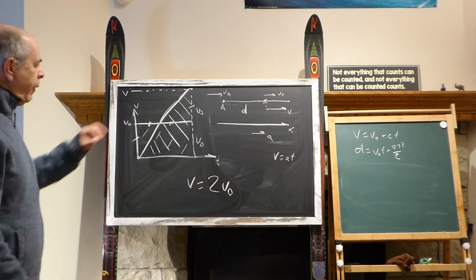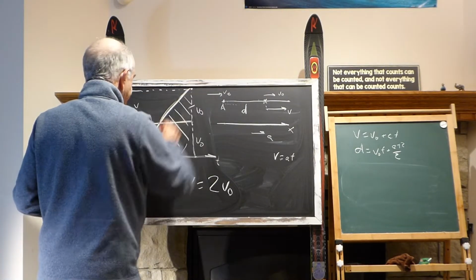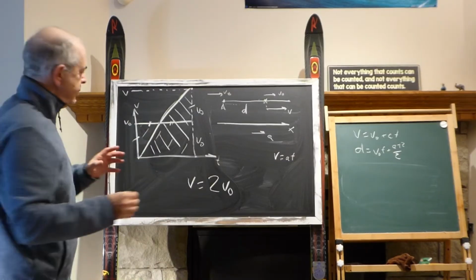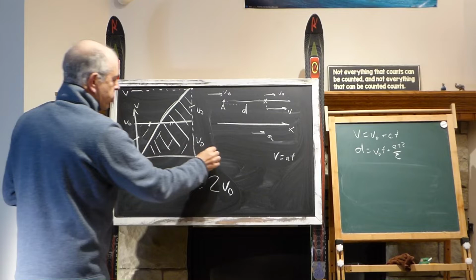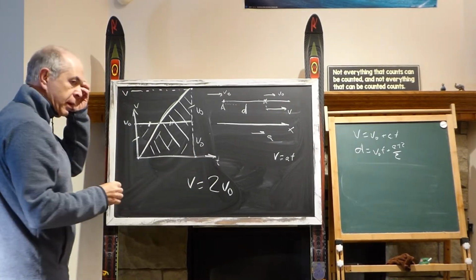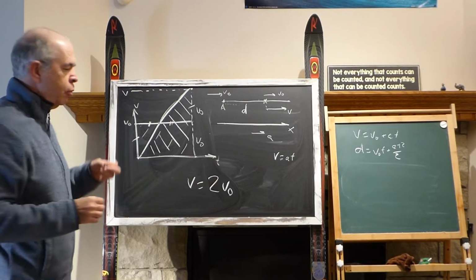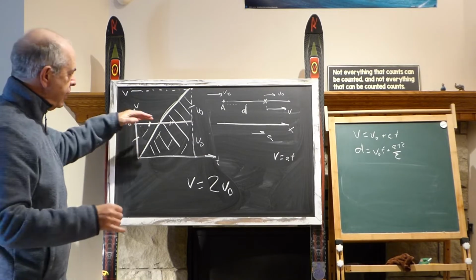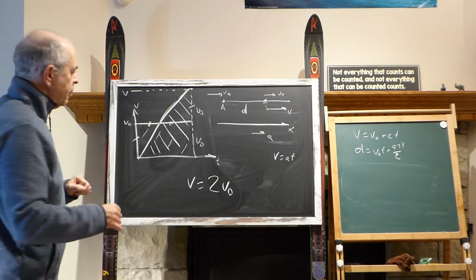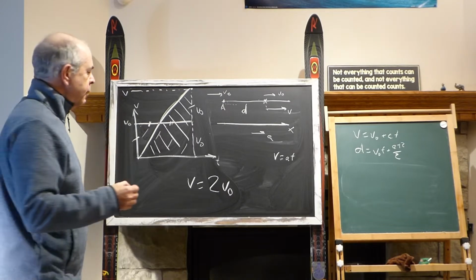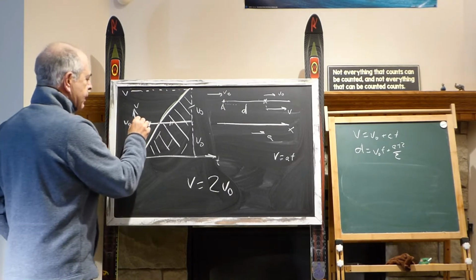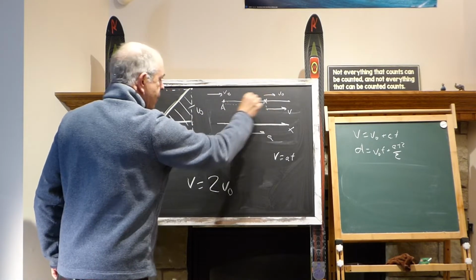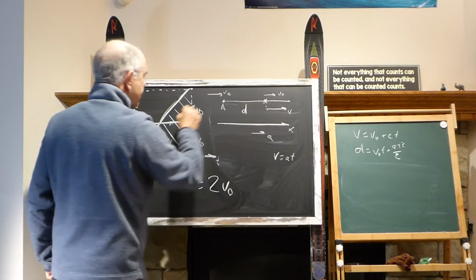First of all, I want to emphasize how we calculated. This is a graph of v versus t, and the area underneath the graph of velocity is the distance that a body covers. Since they are located at the same point, they cover the same distance.